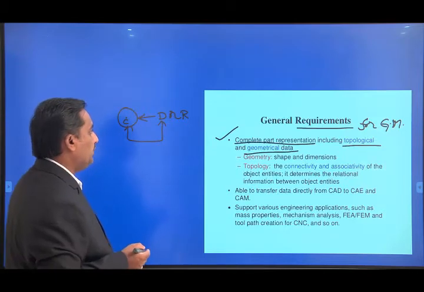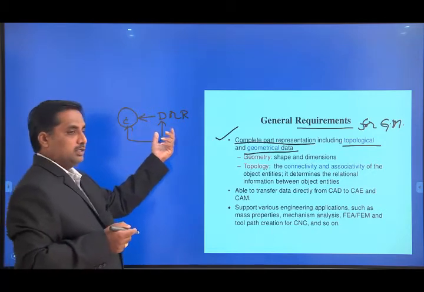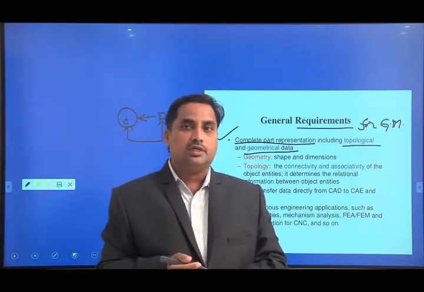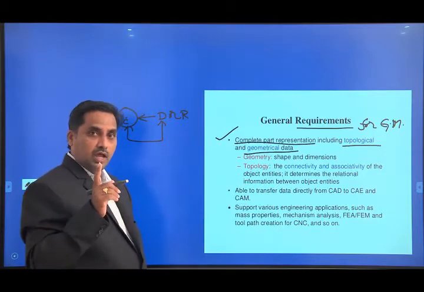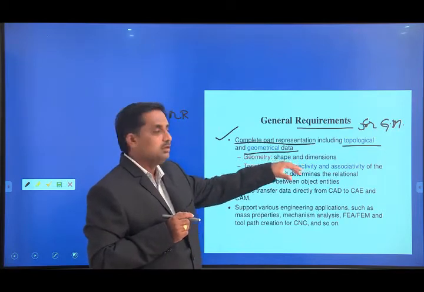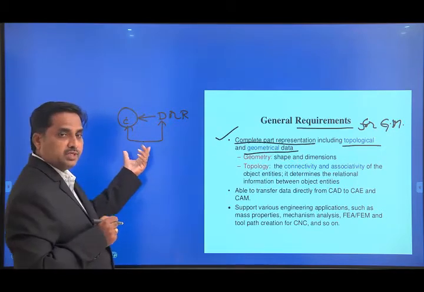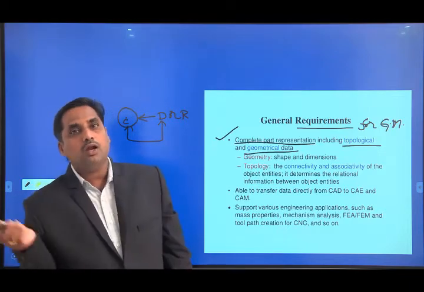At the same time, not only for this simple component. Suppose our component is a combination of different geometric elements, then we have to specify the geometrical dimensions and a location. Geometrical data means geometrical dimensions and a location.